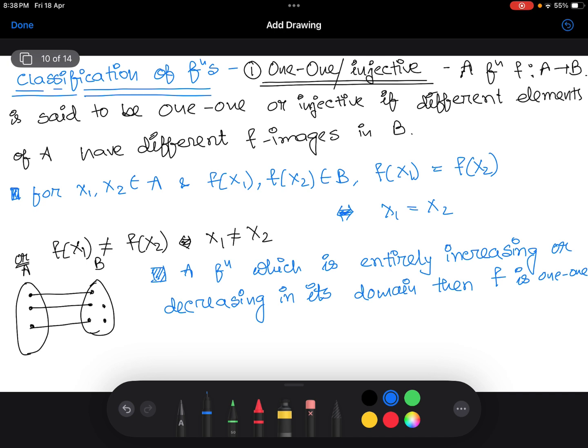We will use this remark to solve some important questions. So let's go through it.